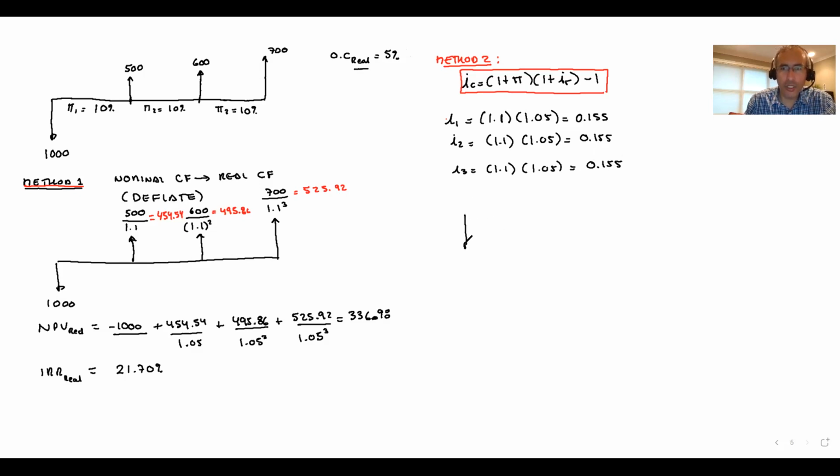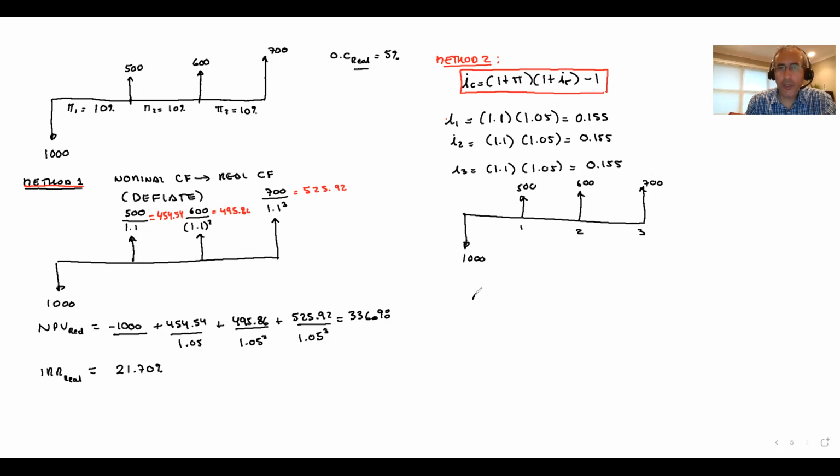So what I will be using here, guys, is my current values: 1,000, 500, 600, and 700. I use the values as they are, because what I will be using now is current or nominal interest rates.